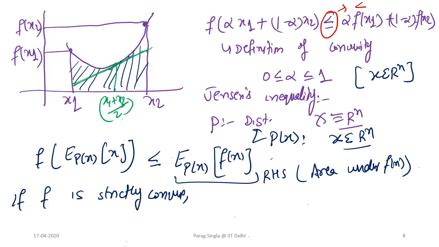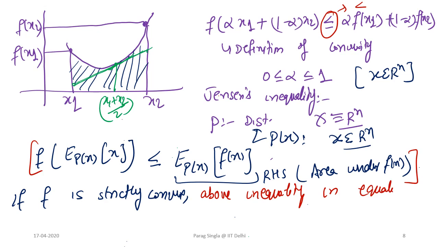So for such f where f is strictly convex, the above inequality, which is essentially the inequality in Jensen's inequality, is an equality if and only if either of these two conditions is satisfied.